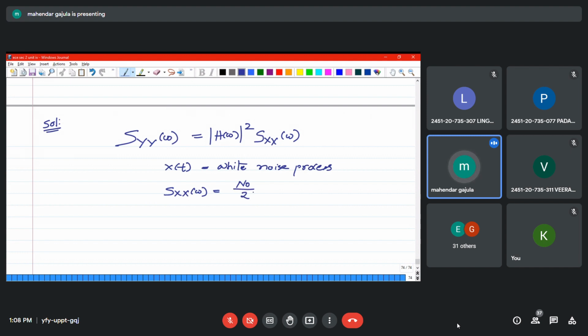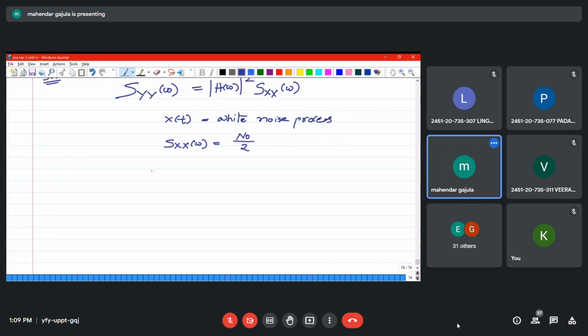N naught by 2. It is N naught only, take it like that. Now you have to find H(omega), the transfer function. How to find the transfer function when these kinds of circuits are given? You have to apply the voltage division rule.